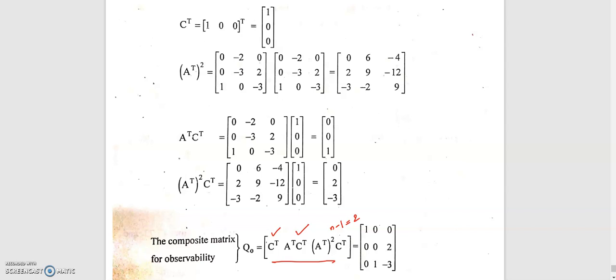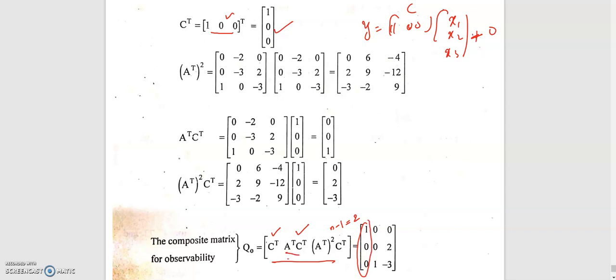This was your C, 1 0 0, from y equal to Cx plus 0. So C transpose will be 1 0 0. So the first one is C transpose, 1 0 0.